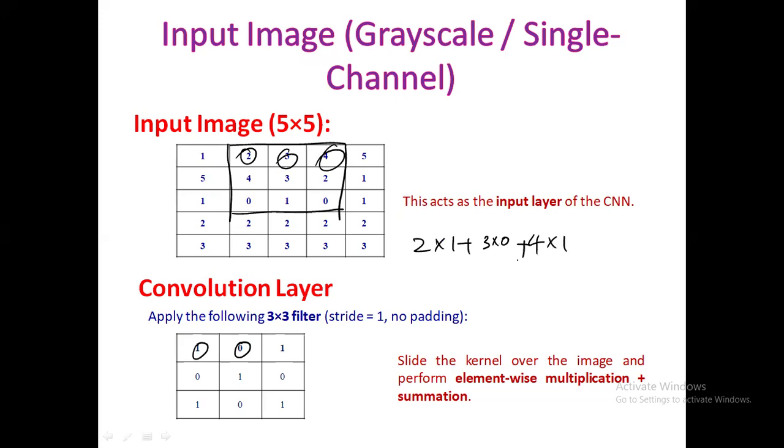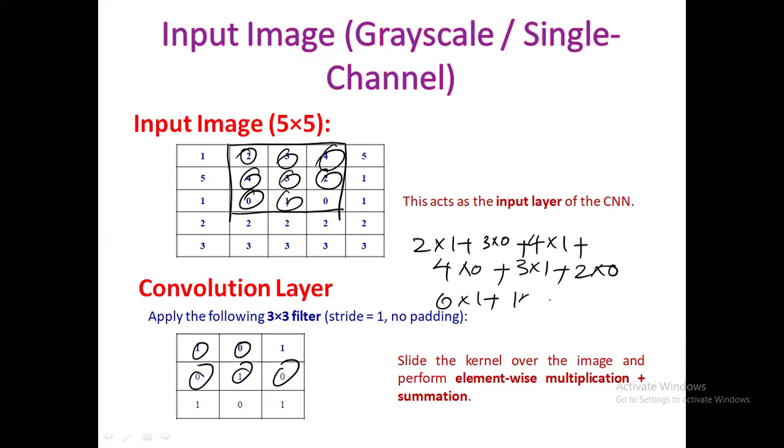4 into 1 plus 4 into 0 plus 3 into 1, plus 3 into 1 plus 2 into 0, plus 2 into 0 plus 3, 0 into 1 plus 1 into 0 plus 0 into 1.